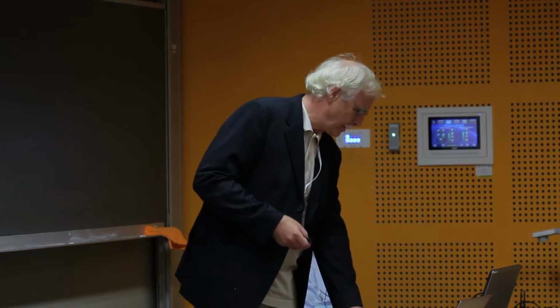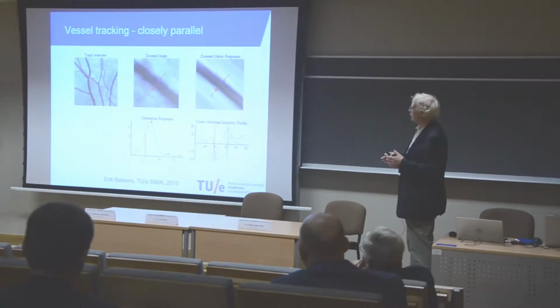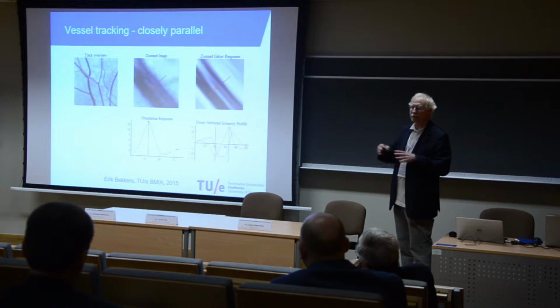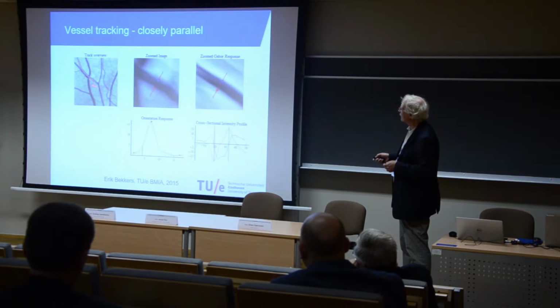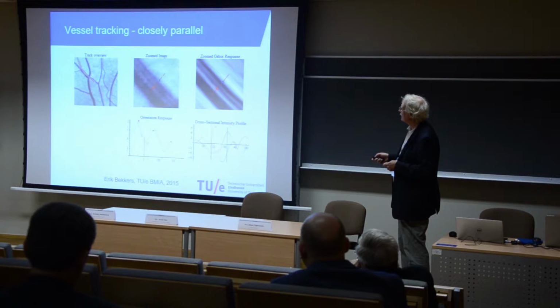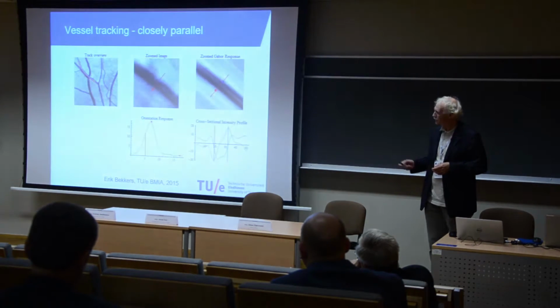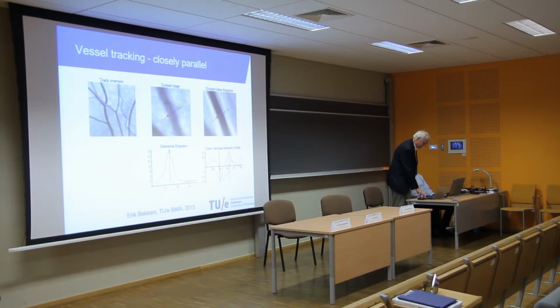We used this in all kinds of vessel tracking techniques, and we actually solved all the different problems of what happens at crossings. You see there's a crossing here, and by our multi-orientation technique we could nicely handle this, even if they're very close together. If they go from very thin to very thick, we could nicely handle all this. This used to be slow analysis, but we can now do a full multi-scale and multi-orientation analysis of the retina in 1 millisecond.